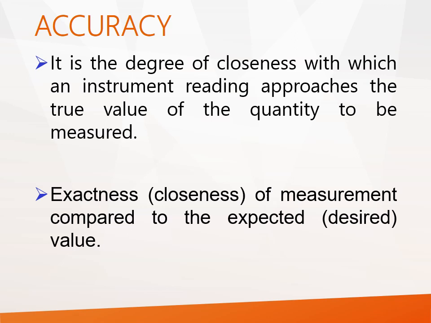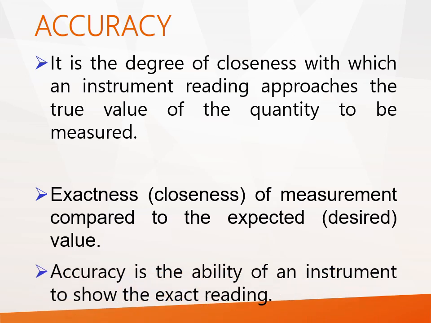Means it is the exactness of the instrument compared to the expected value. Means it is comparing the expected value and the standard value, or the desired value and the observed value. Accuracy is the ability of an instrument to show the exact reading.